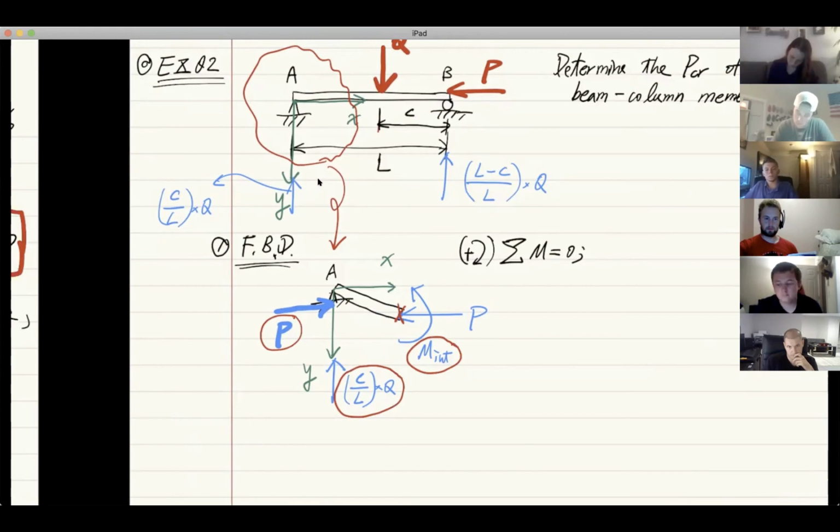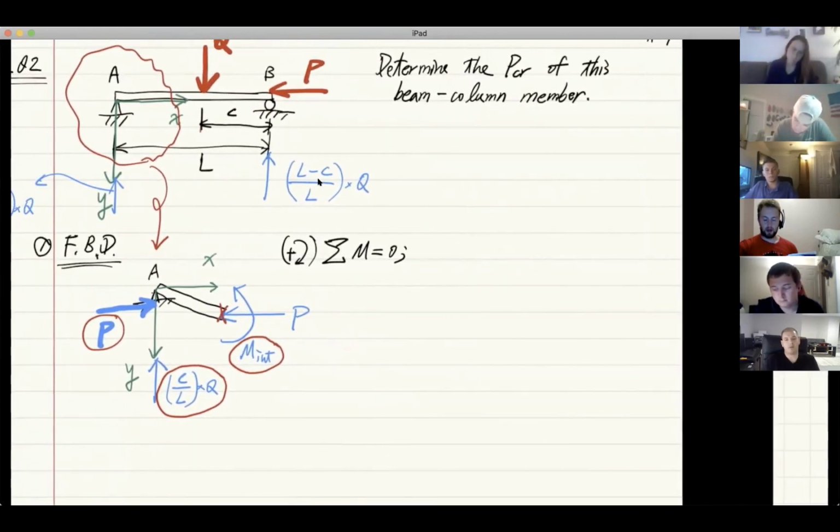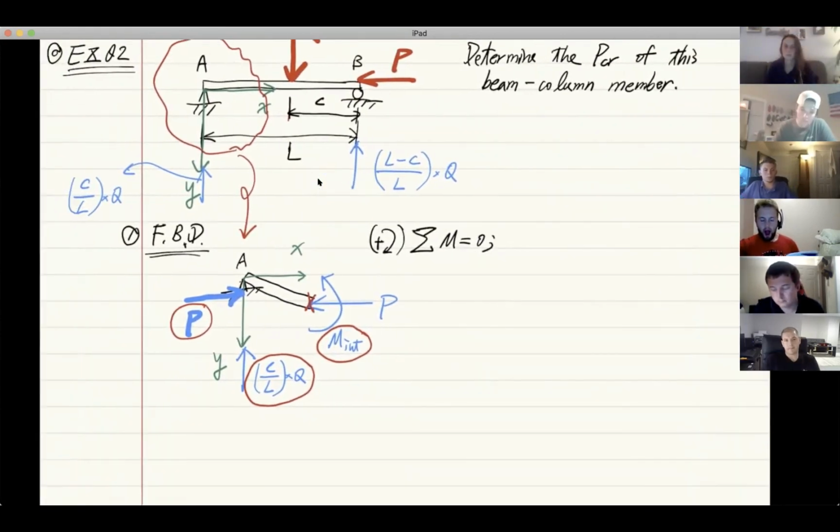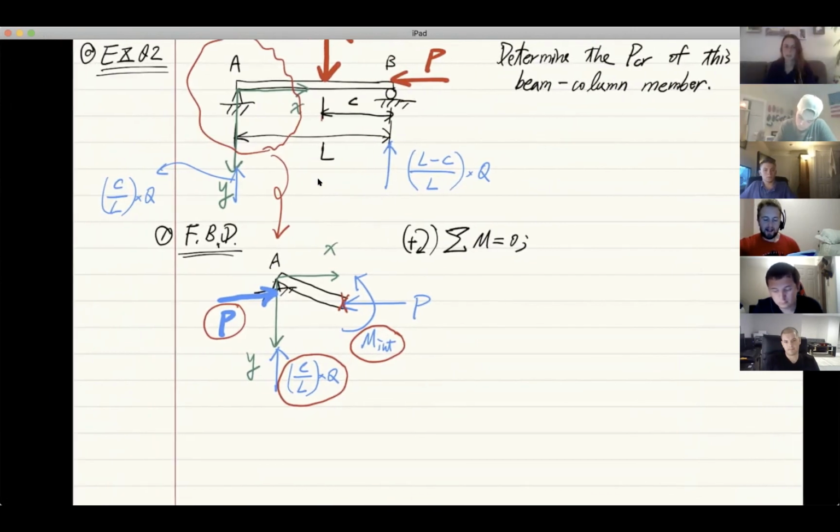So by taking the moment equilibrium, you can put it this way. The first term, which is Q times C over L, that is the first force, which is this one. And what is the moment?